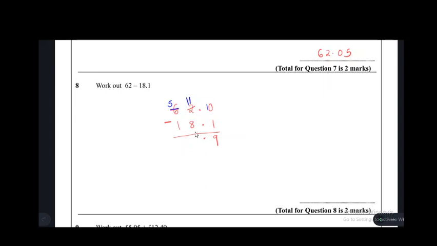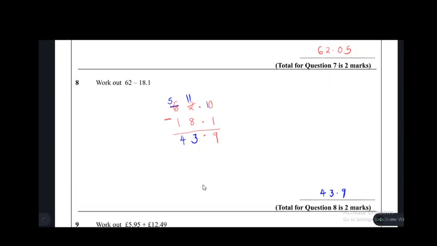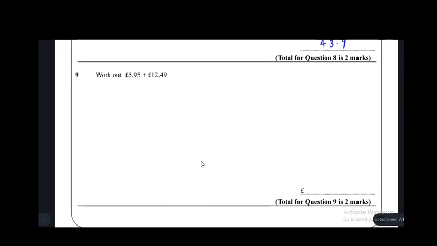So 11 take away 8 now makes sense. 11 take away 8 is 3. And then 5 take away 1 is 4. So our answer should be 43.9. Oops, I've just written it with a different color, but that's okay. And then we move on to the next one.